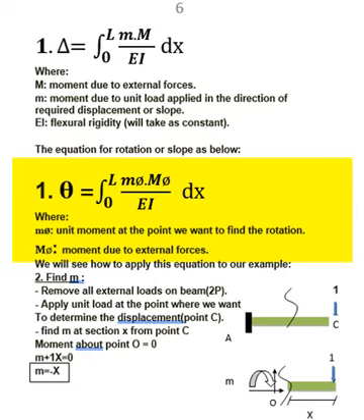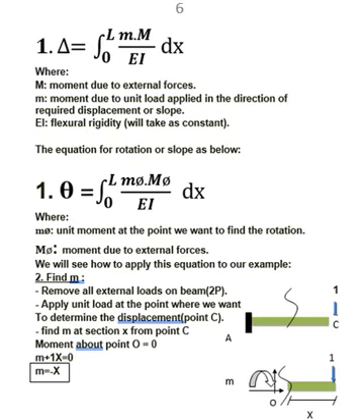Here it is a unit moment; before, it was the moment due to unit load. Now it is the moment due to unit moment. M capital theta is the moment due to external force. Now we will see how to apply this equation to our example.